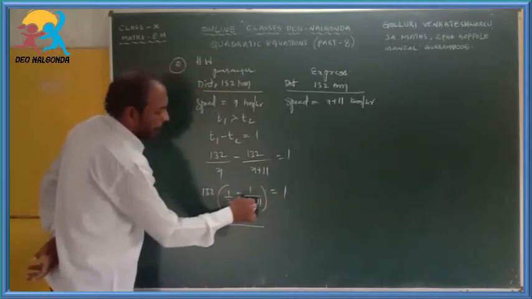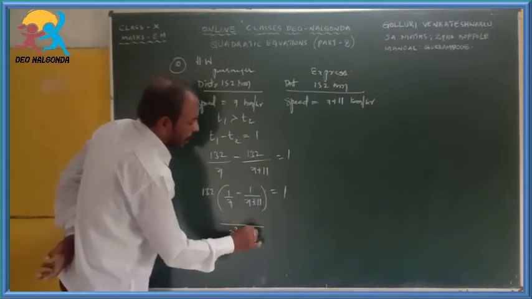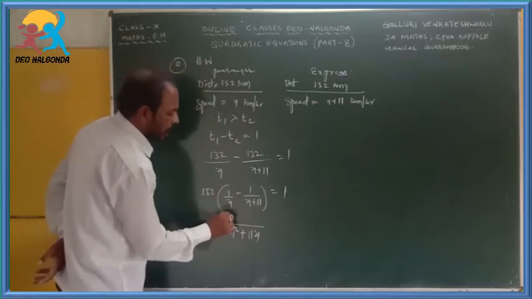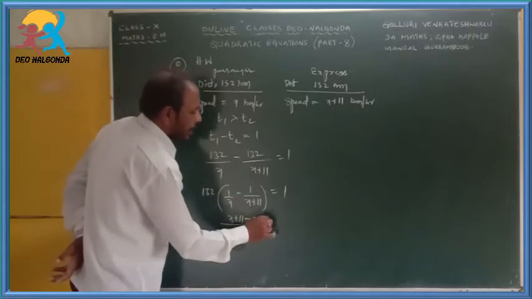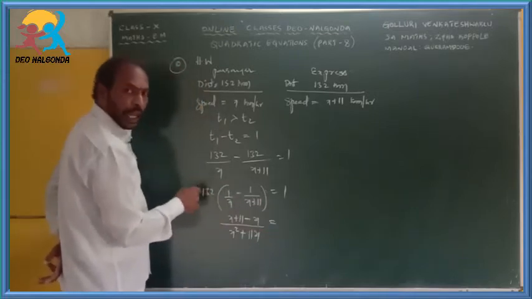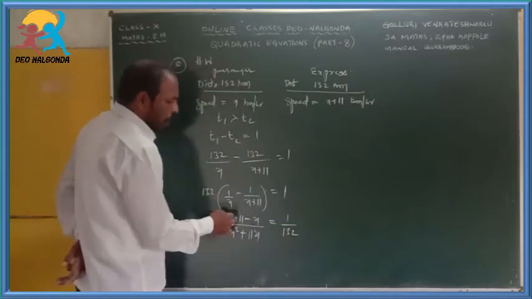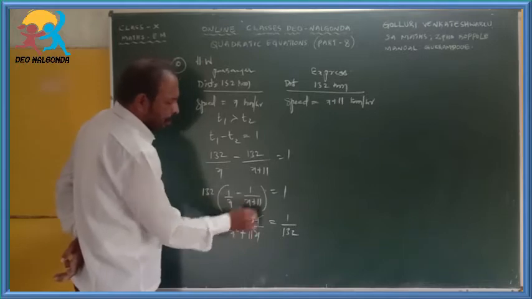Taking the LCM of the denominators, x plus 11 minus x, equals the reciprocal of 132, which is 1 by 132.